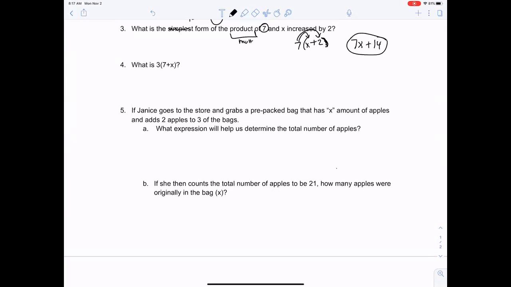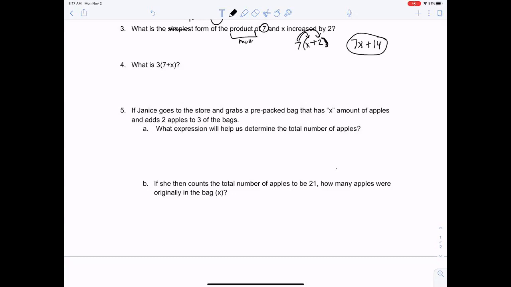Next, we have what is 3 times 7 plus x. This could have been asked the same way as number 3. What is the product of 3 and 7 increased by x? So if you needed to hear that, that's what it would sound like.